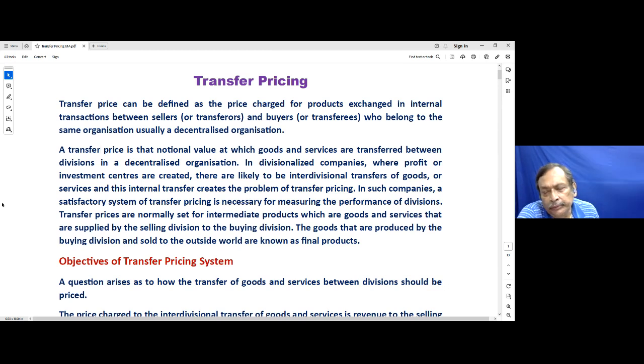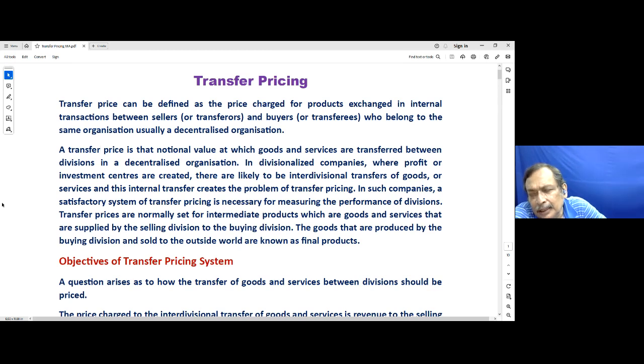Now, if we look at the next point, in such companies a satisfactory system of transfer pricing is necessary for measuring the performance of divisions. Each manager must be motivated to transfer certain goods and services to the transferee division at a price.